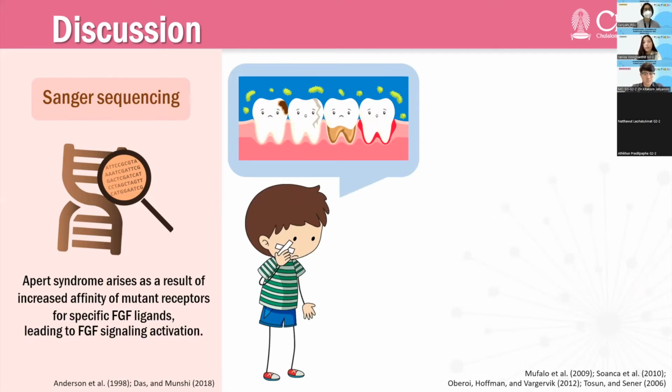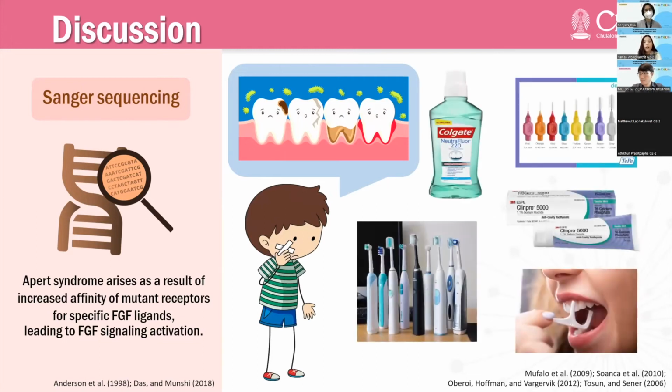With all the physical and oral anomalies of AS patients, it is difficult for the patient or the caregiver to perform proper brushing or oral care. So alternative oral care products such as an electric toothbrush, dental floss pick, proxabrush, high fluoride toothpaste, or maybe non-alcohol mouthwash are recommended to patients with Apert syndrome and their caregivers.